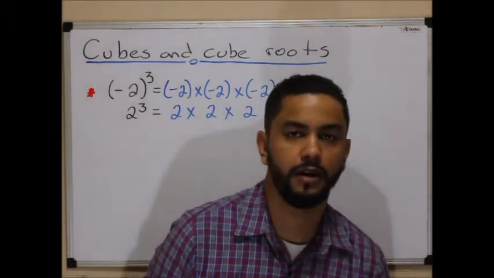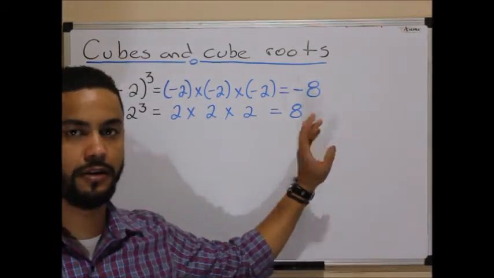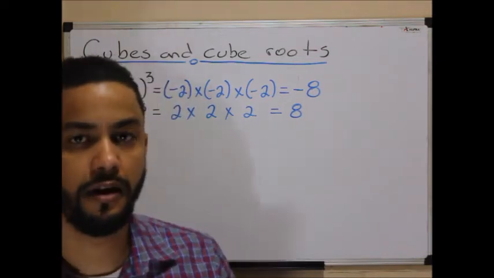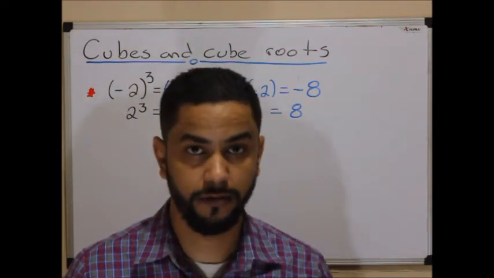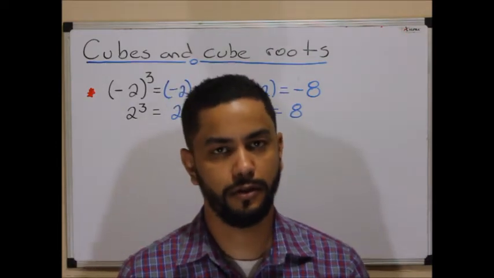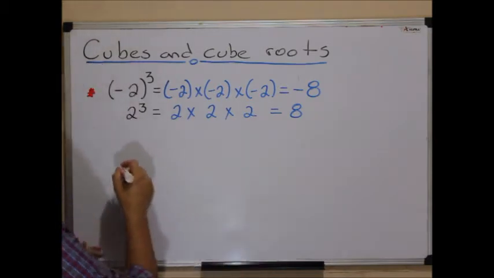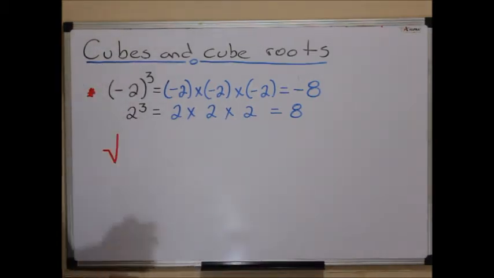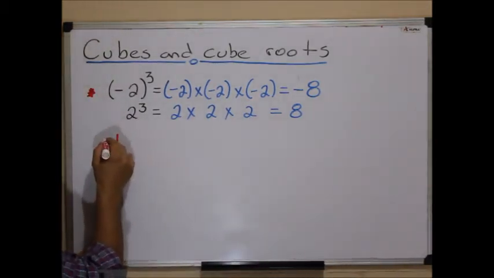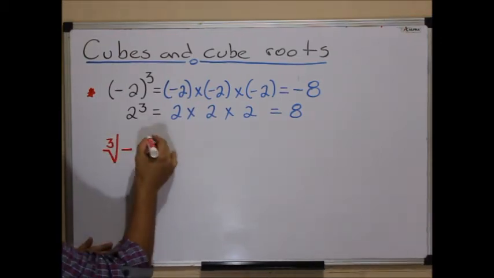Now, those numbers are cubed. We're going to find the cubic root of those numbers. So, for the first one, we're going to have the symbol of a root, but here we're going to have 3 that represents the cubic root.